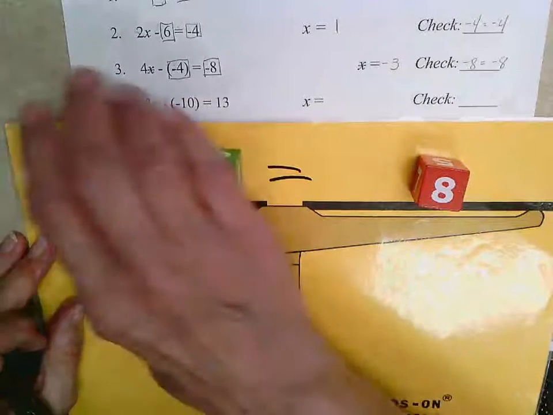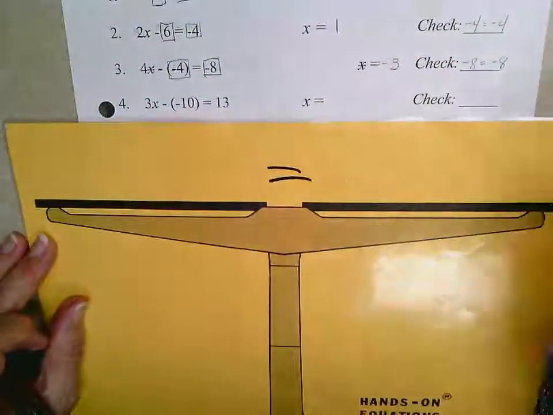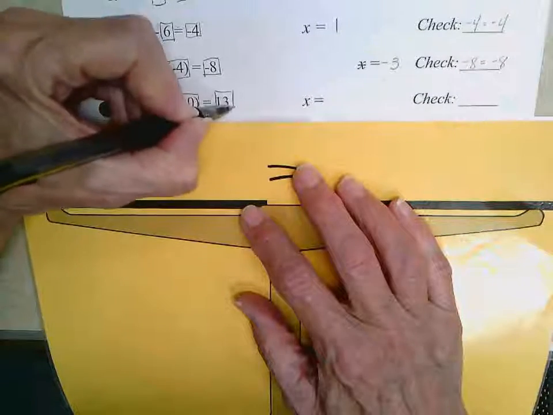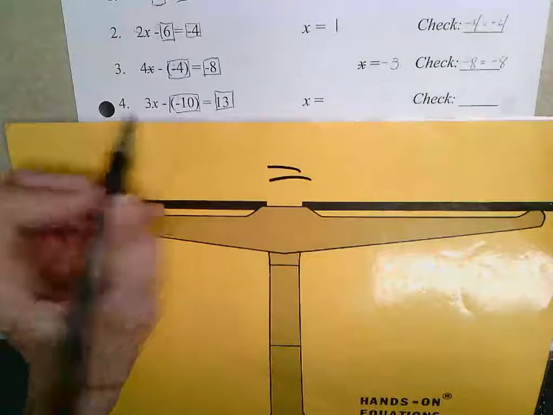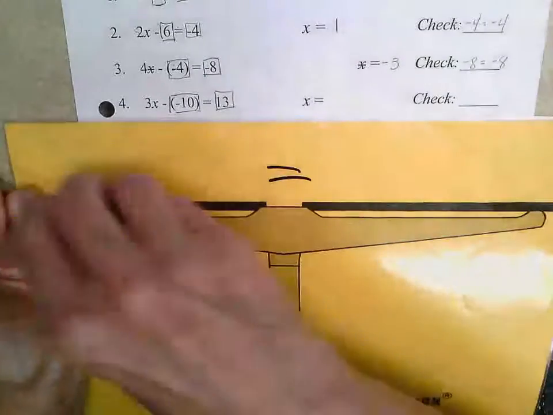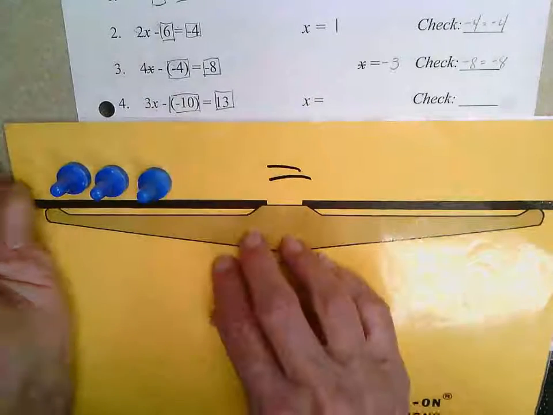Okay, last one. First I'll box in my numbers. 3 blue pawns. I know that because this is the number 3 in front of an X, so that means those are blue pawns.